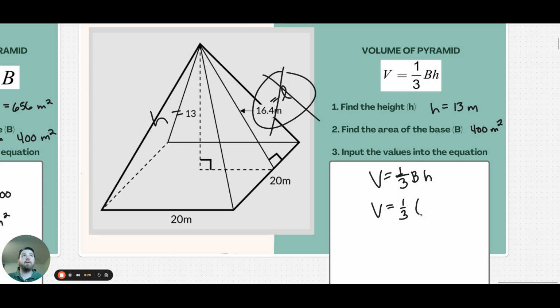So 1/3 times the area of the base times the height of 13. And when I plug those into my calculator, 1/3 times 400 times 13, it comes out to be 1,733.33, repeating, of course. And then that's going to be cubic meters. And so that's what you would end up having for the volume of a pyramid.